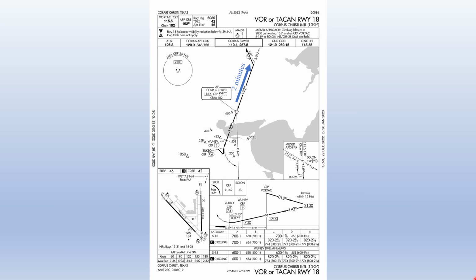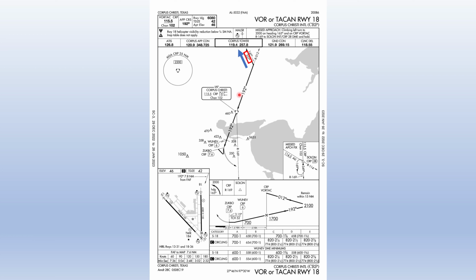So once you've reached that 2-minute turn, it's time to turn outbound. So we'll do our 5 T's again. We'll reset our timer back to 0 so that once we get on that 327 heading, we can start timing for 1 minute. We want to go ahead and turn to that outbound procedure turn heading of 327. We want to go ahead and twist our OBS.